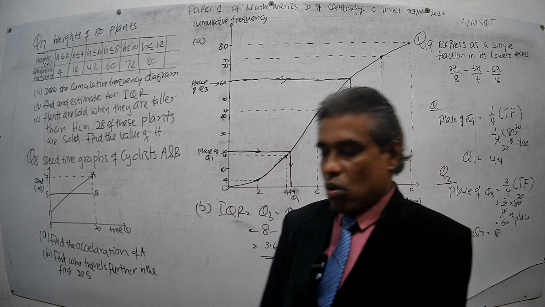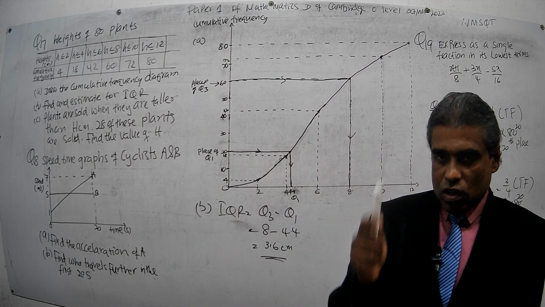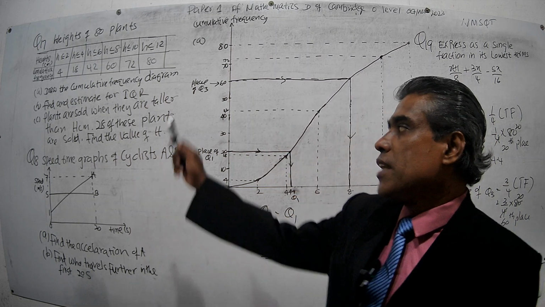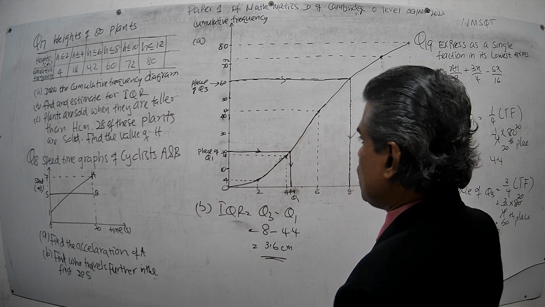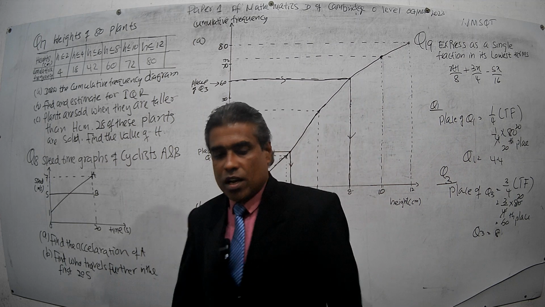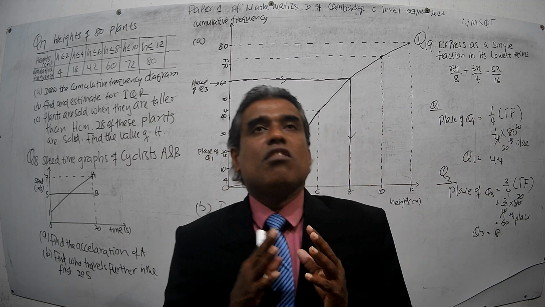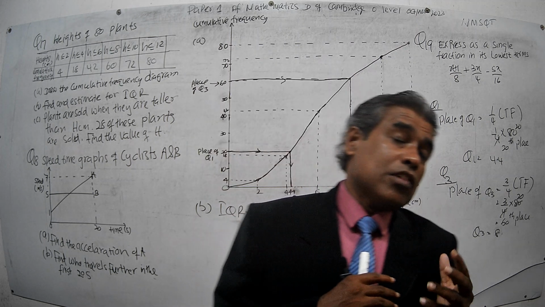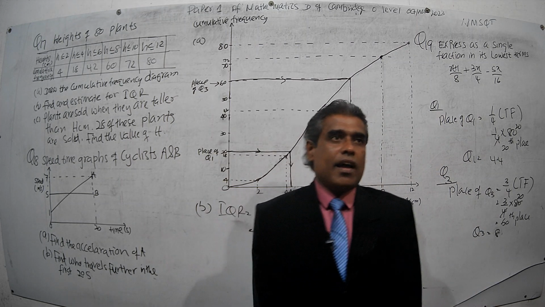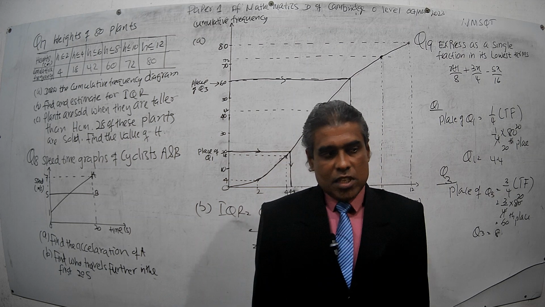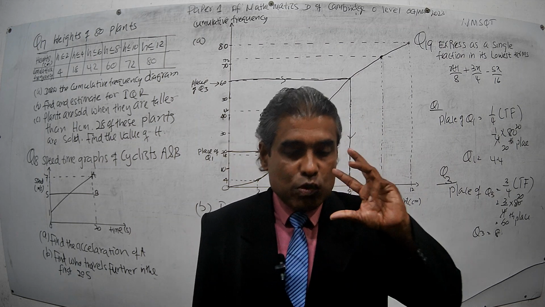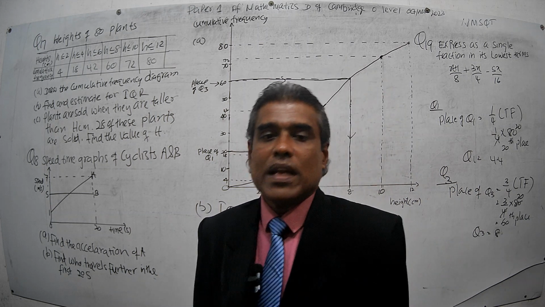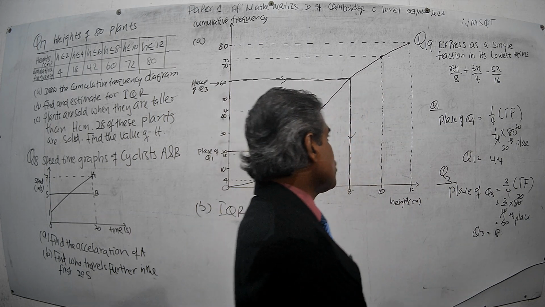That means they have sold 28 plants taller than H, and we are asked to find the value of H. This is how you find that. There have been 28 plants taller than H.